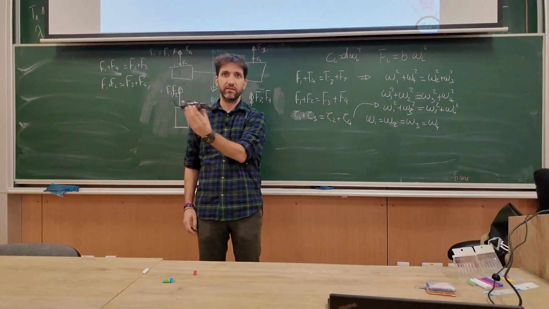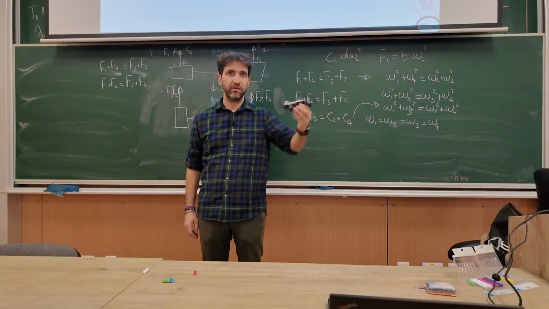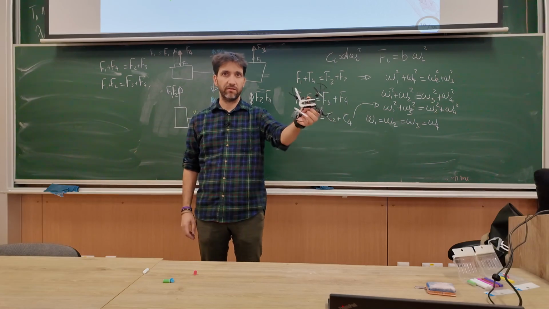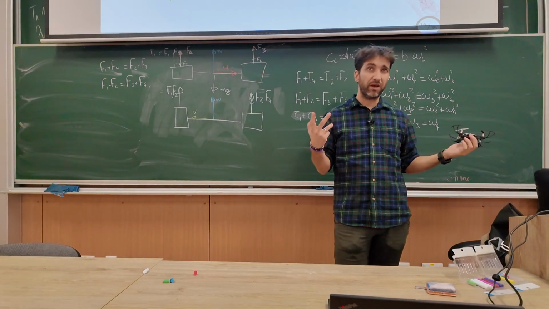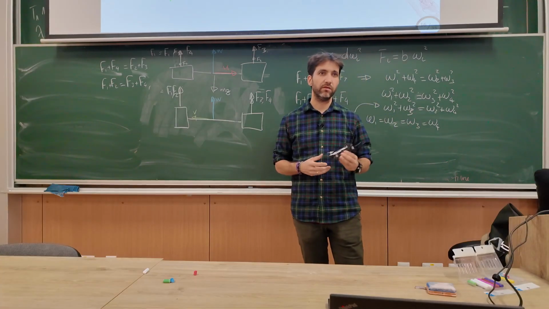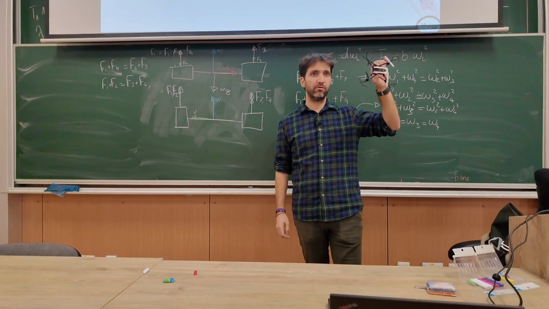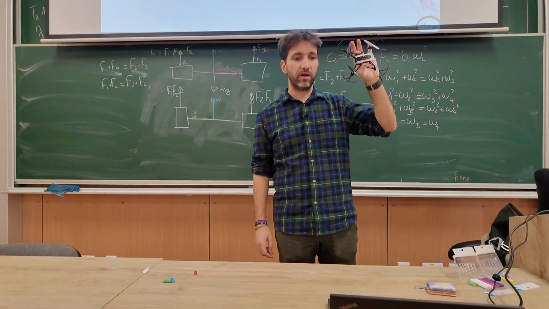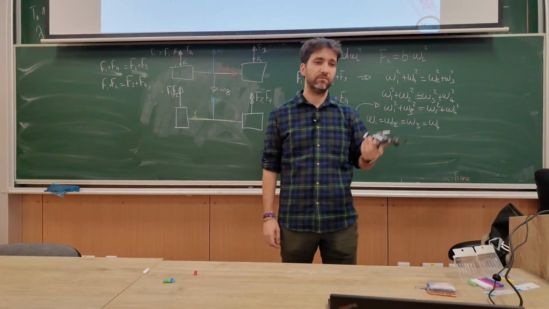I cannot translate without rotating, and I cannot rotate without translating. So the moment I rotate, it will translate. Right? So these two pairs, they're coupled, so they're not independent. So I only have 4 degrees of freedom, as many actuators as I have. If I want to have 6 degrees of freedom, I need 6 motors.